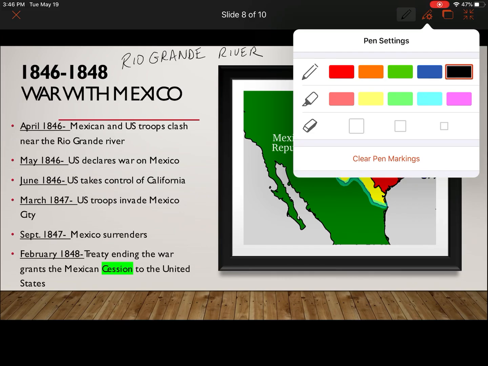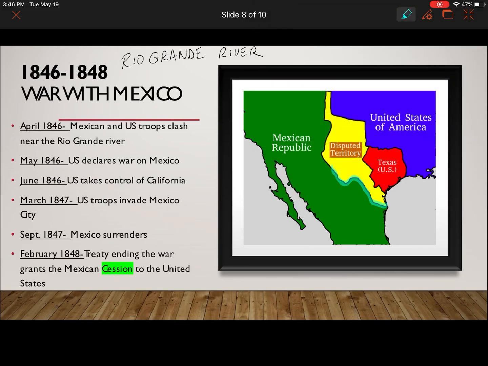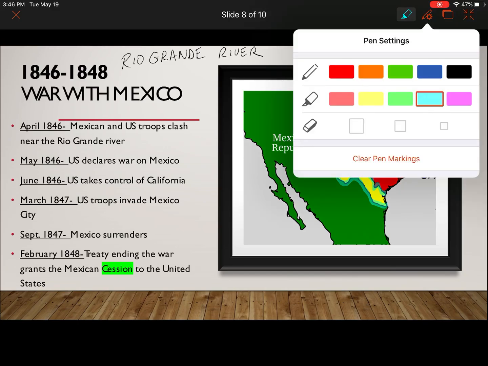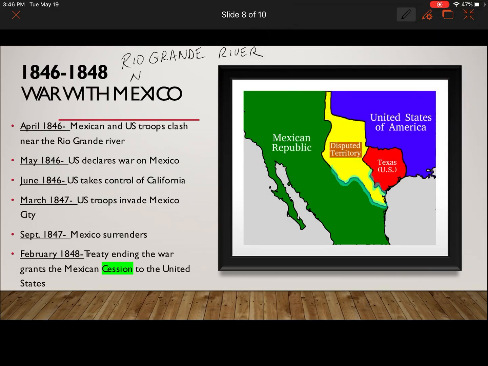The Mexican government always felt that the border between Texas and the United States should be that river, which was called the Nueces River. And so in between those two rivers is that disputed territory, which eventually leads to the war.